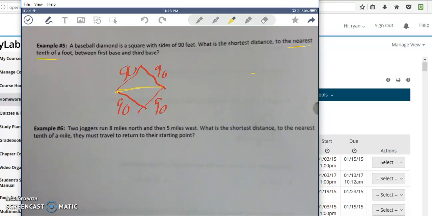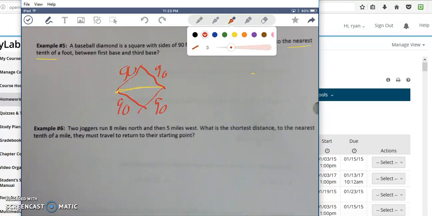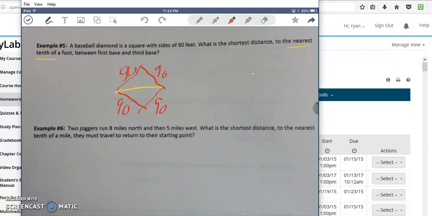What you'll notice is that is basically going to be your hypotenuse. This is going to be your 90-degree angle, so that's going to be your hypotenuse.